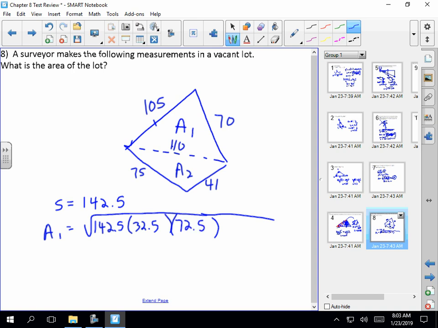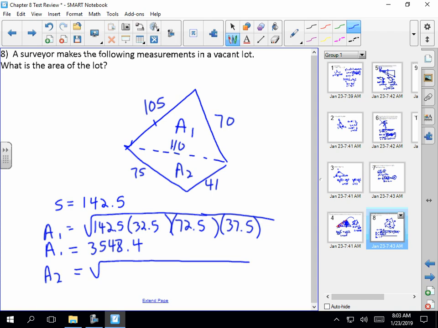And then finally, 142.5 minus 105 gives us 37.5. Those are the three differences for Heron's formula, and that gives us an area of 3,548.4. That's A1.